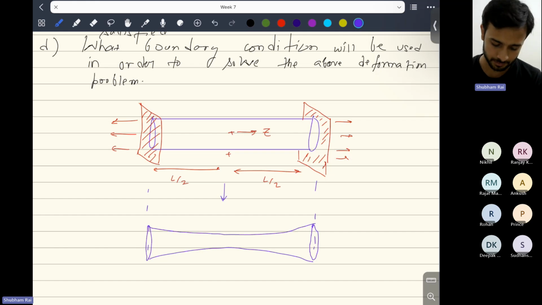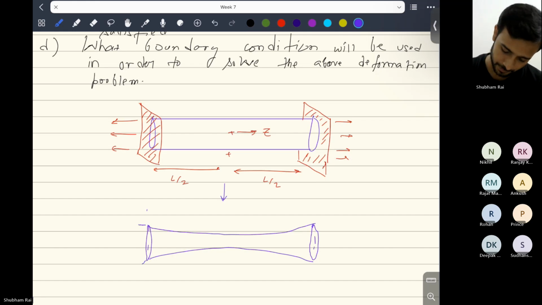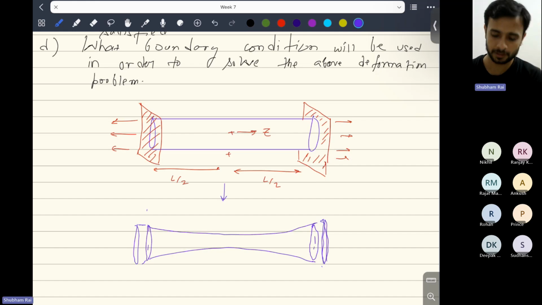So obviously there will be some stretching. It will not be exactly here at this point. It will go up to, let's say, here. So let's say this amount of stretching is there.